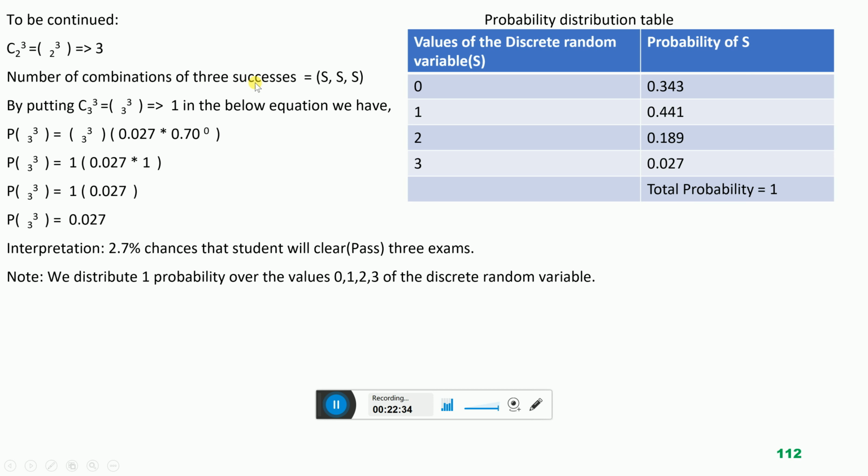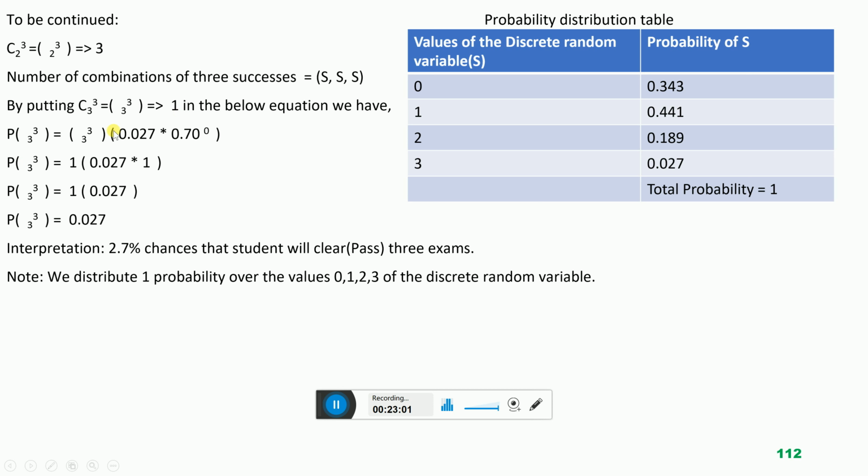Number of combinations of 3 successes, SSS: only one outcome is possible, where we write all 3 successes in one combination. So we replace C(3,3) equal to 1 in this formula. We have probability of 3 is equal to 0.027 multiplied by 0.70 raised to the power 0.